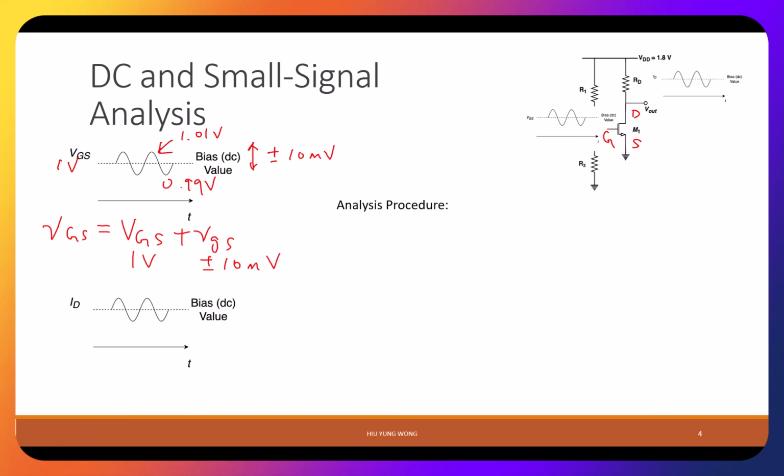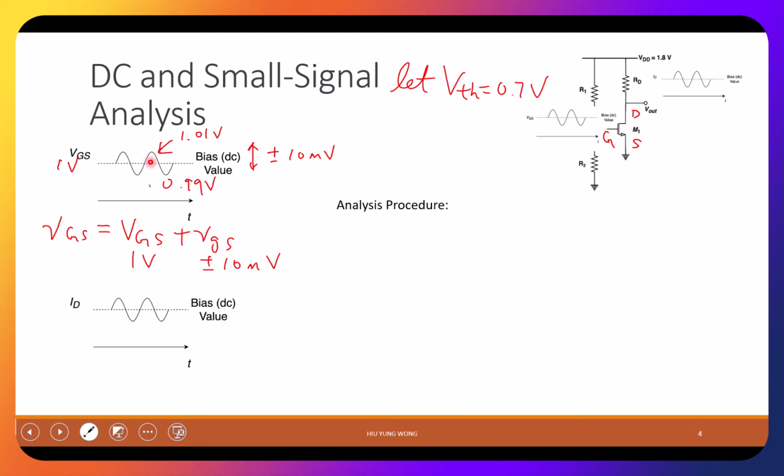Now, in this setup, let me ask you, if VTH is equal to 0.7 volt, is this transistor on or off? On. Why? Because VGS is larger than VTH.